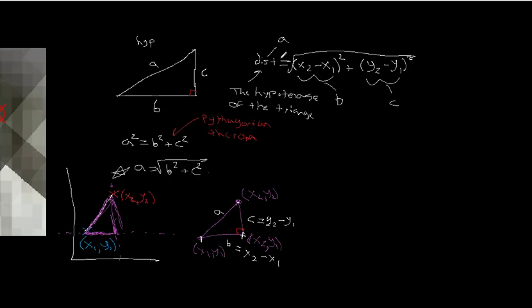Okay. So just to recap and clarify, we can calculate the distance, or A, or the hypotenuse of the triangle, or error, depending on what we're talking about, as equal to the x-coordinate of the second point minus the x-coordinate of the first point squared, plus the y-coordinate of the second point minus the y-coordinate of the first point squared, and take the square root of everything.